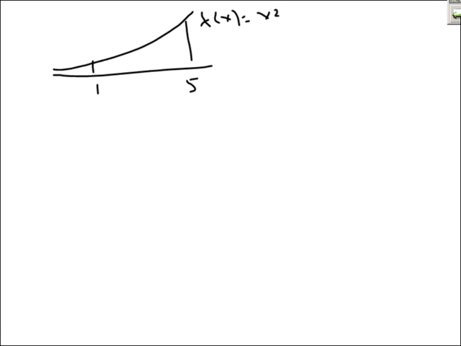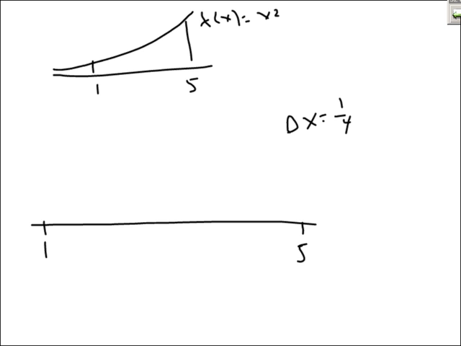Now, let's see how we partition from 1 to 5. Suppose I told you delta x was a quarter. So shouldn't the next partition be 1 plus delta x?